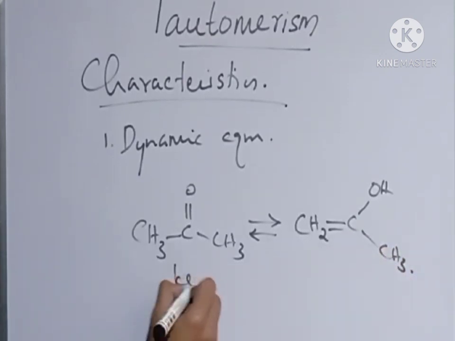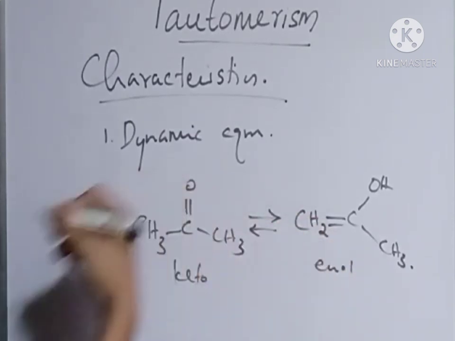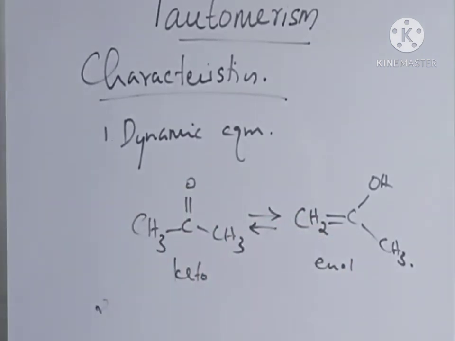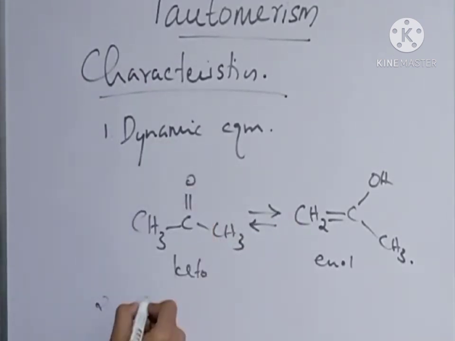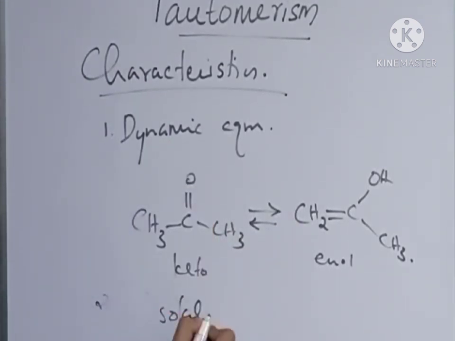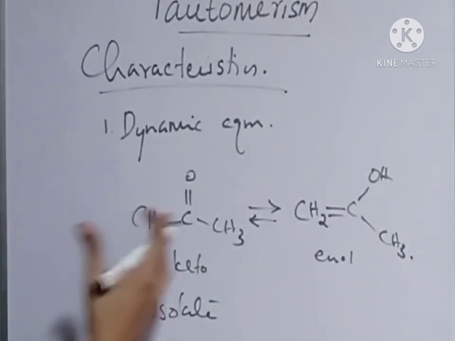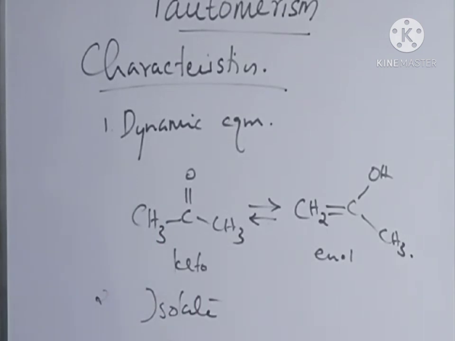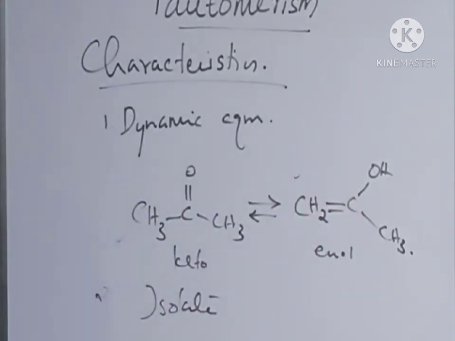This keto form and enol form exist in dynamic equilibrium. And in suitable conditions, we can isolate these tautomers. In some suitable condition, we can isolate the keto form, and sometimes we can isolate the enol form also.